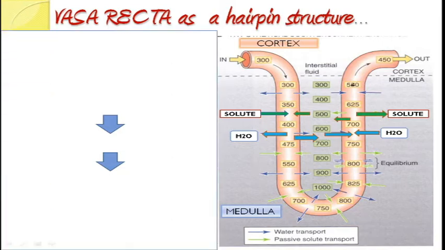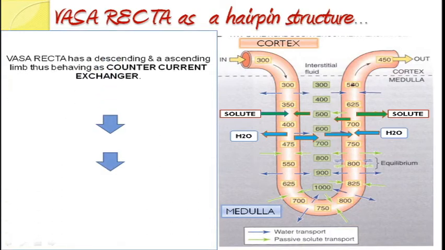These vasa recta receive blood, and the osmolarity of blood when it enters the medulla is around 300 milliosmoles, because this blood is entering from the efferent arteriole. The efferent arteriole continues as the vasa recta in juxtamedullary nephrons. So when the blood enters the medulla, the osmolarity is around 300 milliosmoles.